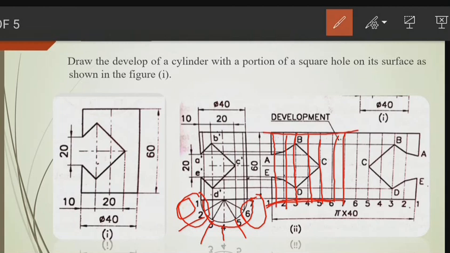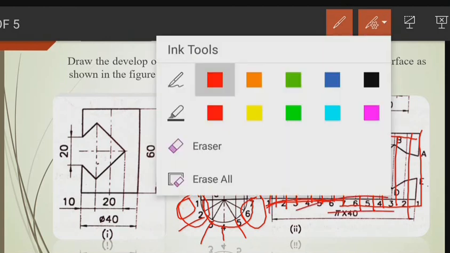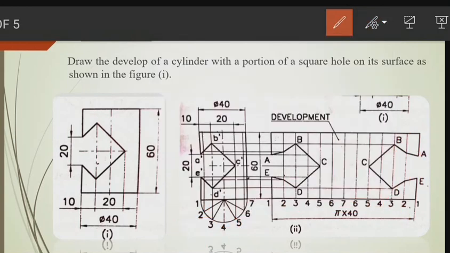Now the second half also, draw 1, 2, 3, 4, 5, 6, 7. You got the total vertical lines of the rectangle. Now draw the horizontal lines. From b dash you draw the horizontal line, and from the third line, b dash and d dash, you get the b and d here, and b and d here also.